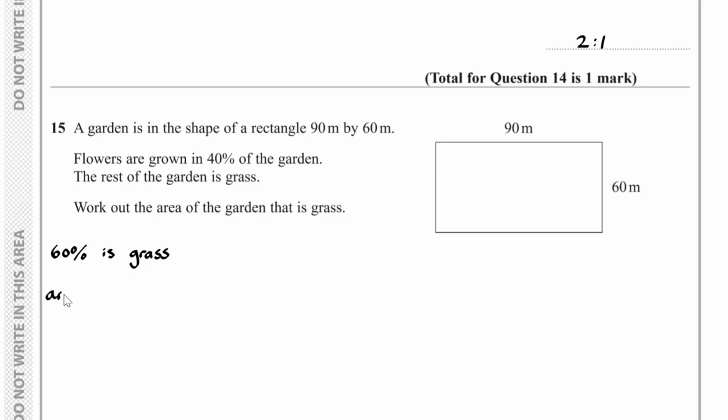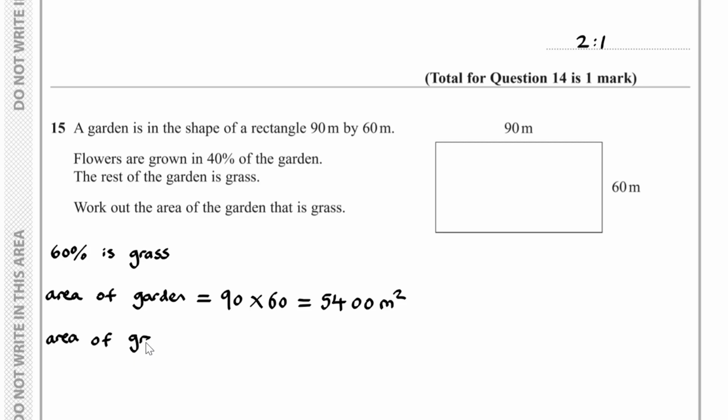So the area of the garden is going to equal 90 multiplied by 60, which is 5,400 meters squared, don't forget your units. And therefore the area of grass is equal to 60% of 5,400.